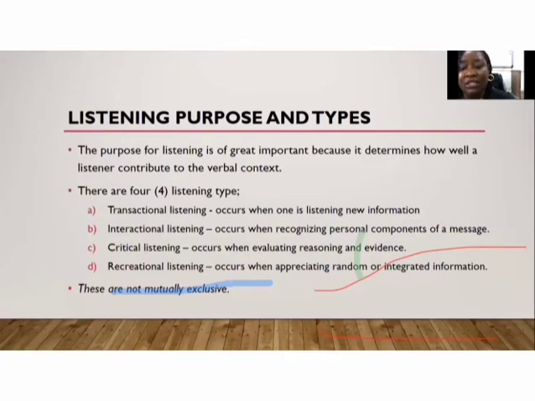So it's recreational listening in the sense that you are appreciating a random piece of information from the entire news bulletin that was on. Again, just like in the case of the roles, the listening types are not mutually exclusive. This means that one can switch from one kind of listening type to another, even during one particular context.